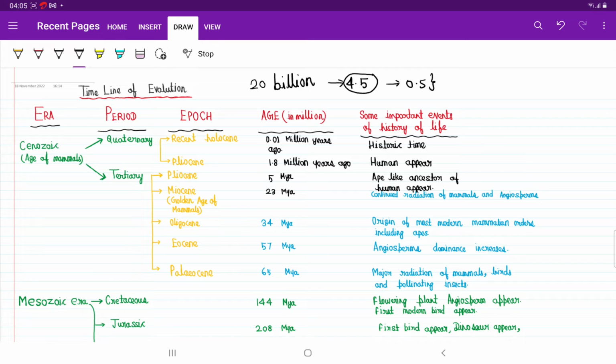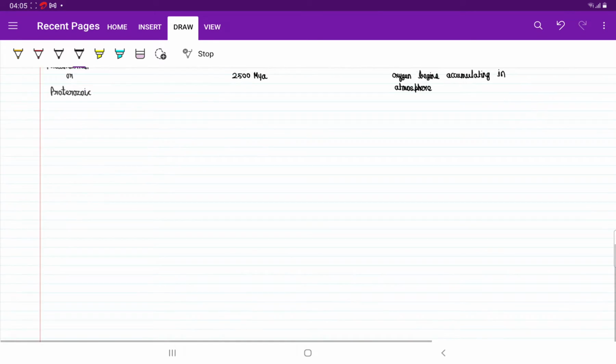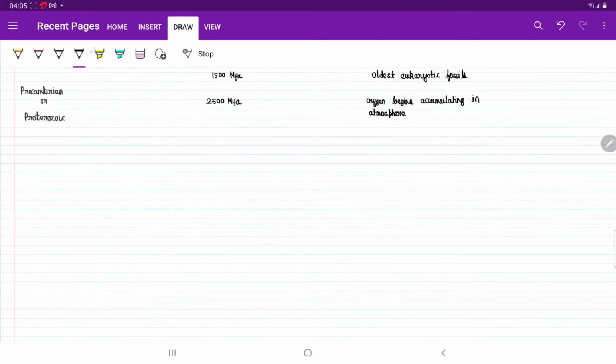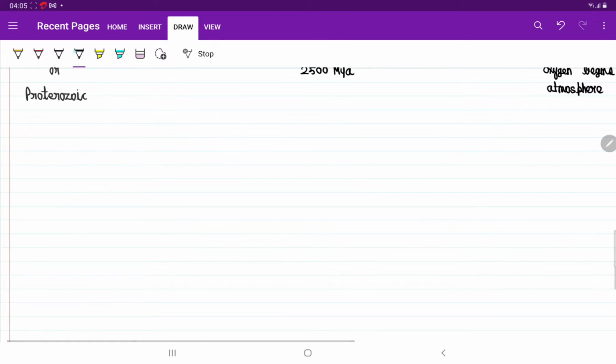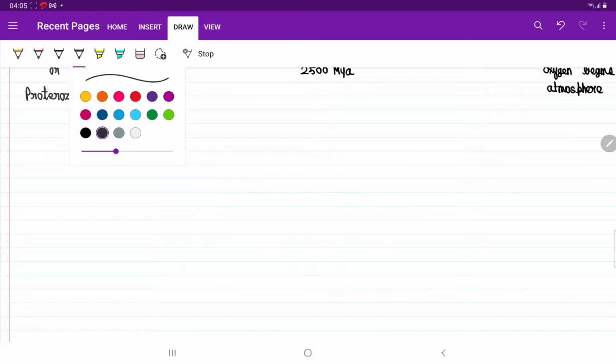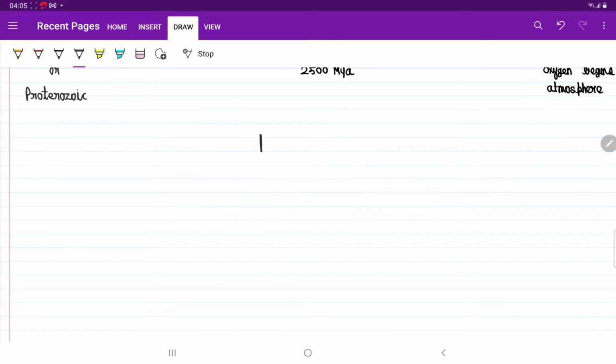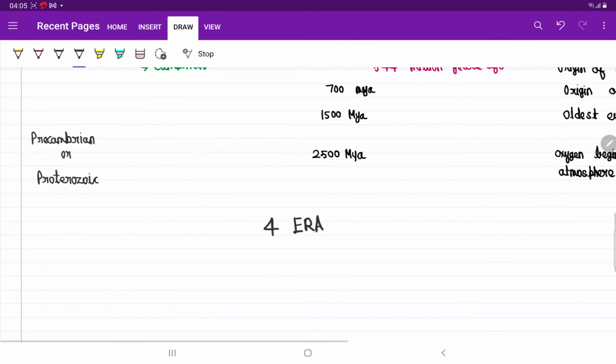From that time to this time, for our convenience, we divided it into four eras. How many eras, students? Four eras. What are those four eras? Proterozoic era, the first era.